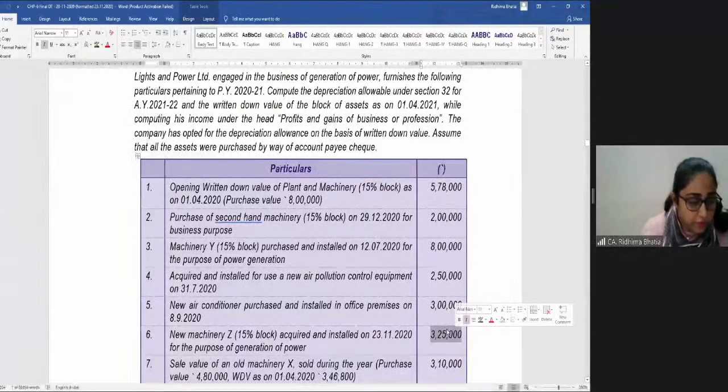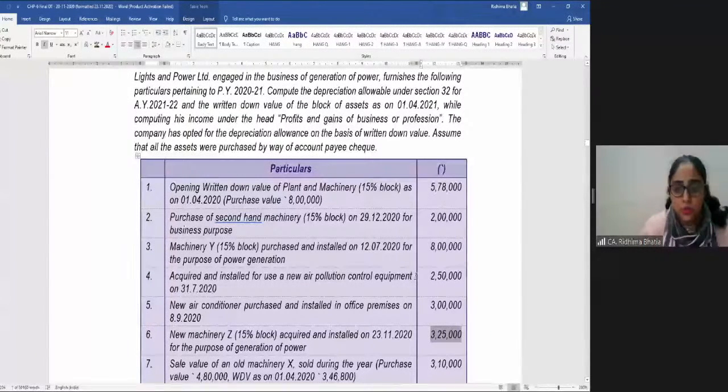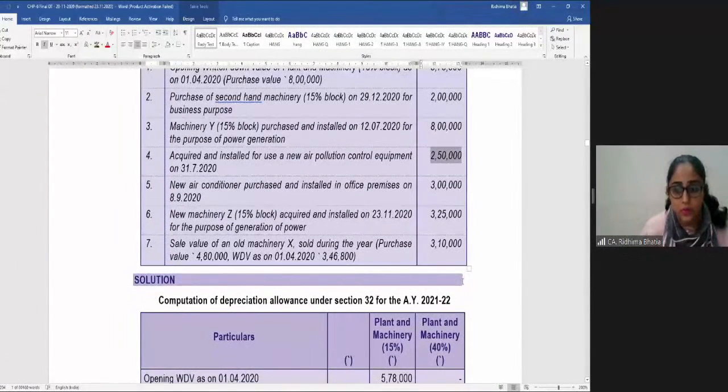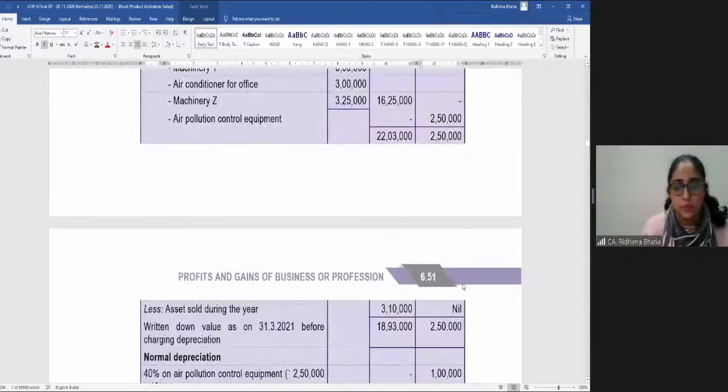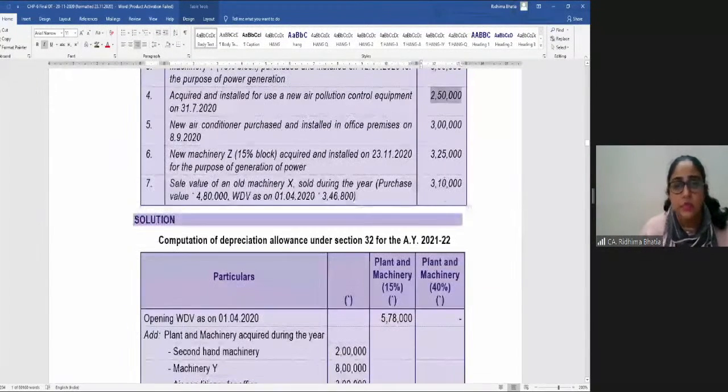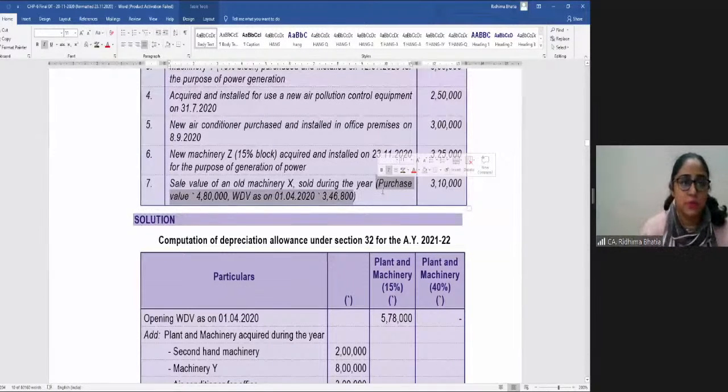In another block of 40%, you will add this air pollution equipment, which is 40%. And then there is an asset sold of 3,10,000 of the opening WDV. You do not have to think about these figures, how much was the cost, how much was the WDV, when you are not into the balancing charge.